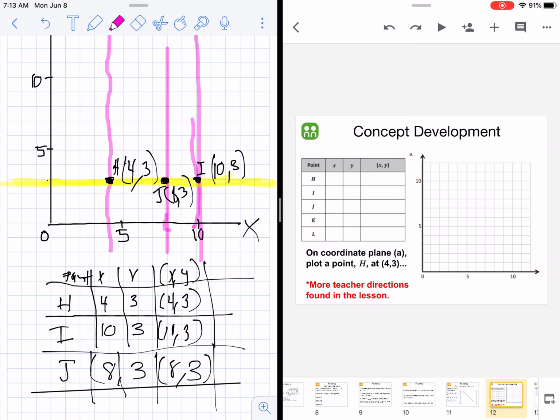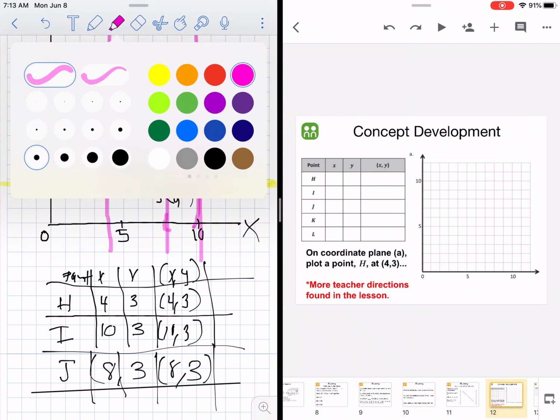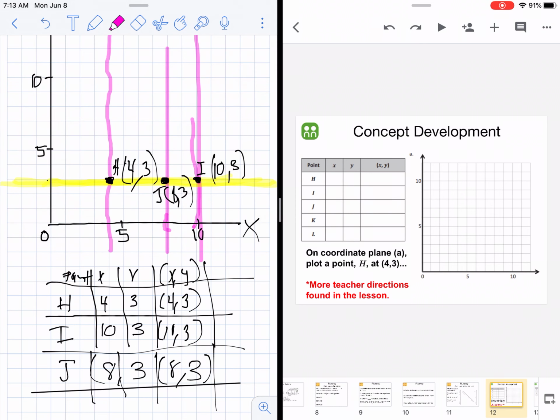I'm really hoping, and I'm going to keep this pink, that you notice this. What do you notice about what I just highlighted there? The y coordinate is the same, okay? The y coordinate is the same.